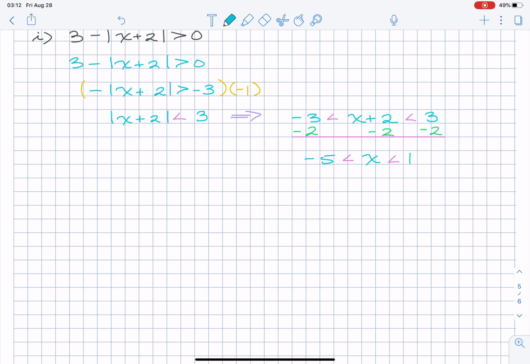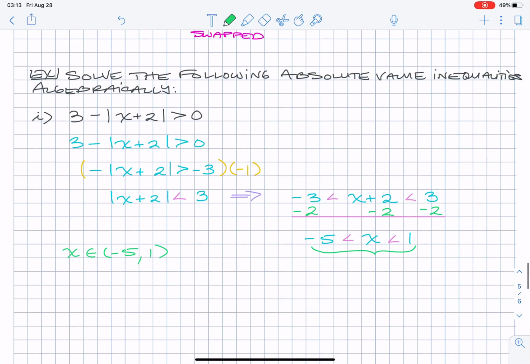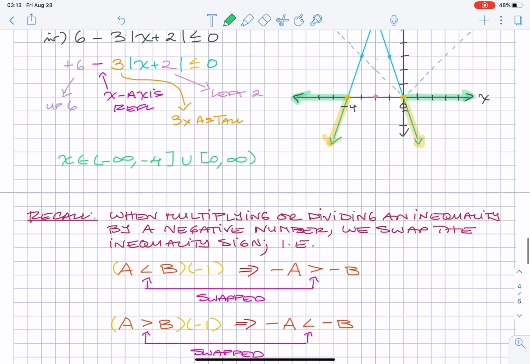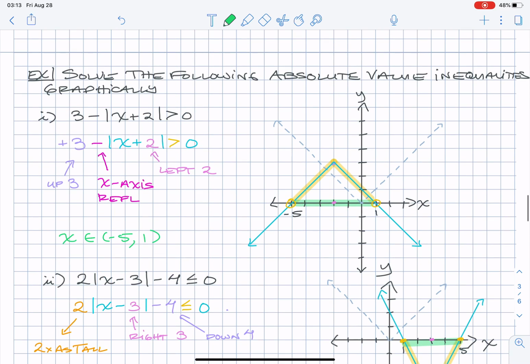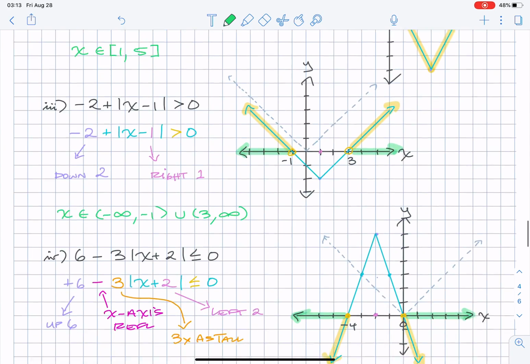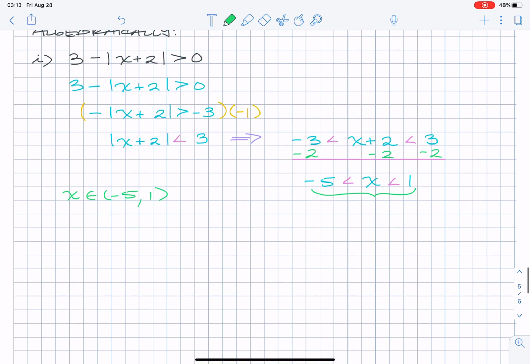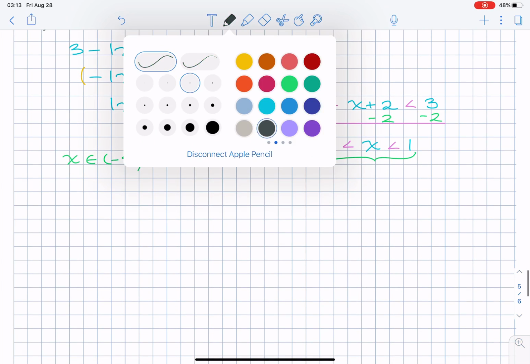So the way we can write this is x is on the interval from negative 5 to 1, non-inclusive. Okay, well that's interesting, because if I look at this problem, it's this same problem, and we did get the same value when we looked at it graphically as when we did it algebraically.